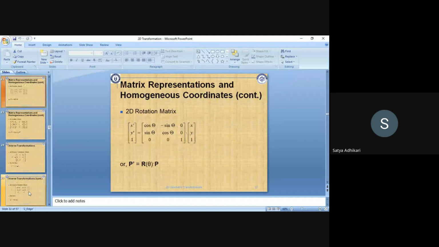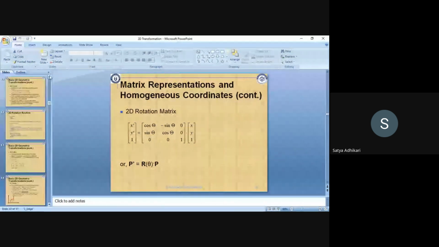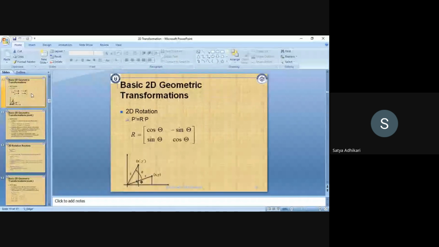You see this one, the rotation matrix, and compare this matrix with the previous matrix. Here the entries are cos theta, minus sin theta, sin theta, cos theta.